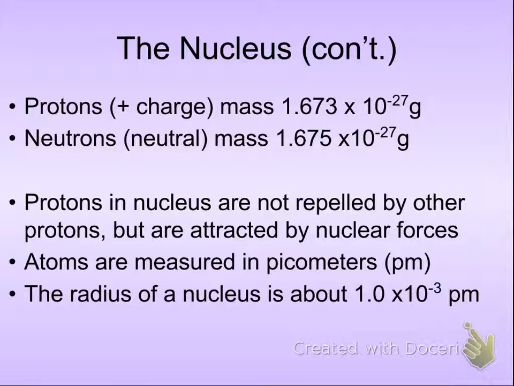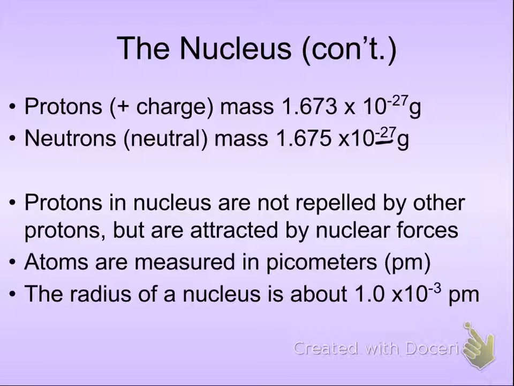Protons and neutrons, you know that protons have a positive charge, neutrons have no charge. They are electrically neutral. Protons have a mass of 1.673 times 10 to the negative 27th grams. That's tiny. Neutrons have a mass of 1.675 times 10 to the negative 27th grams.